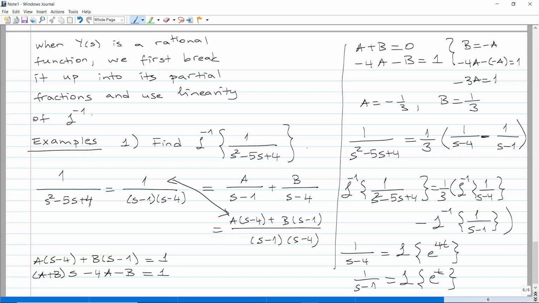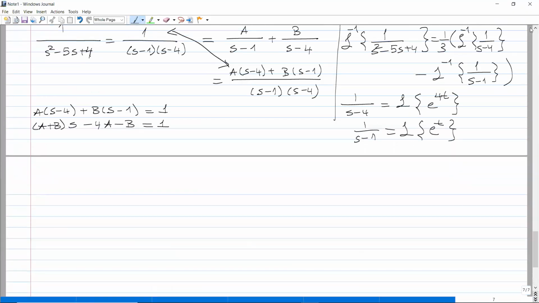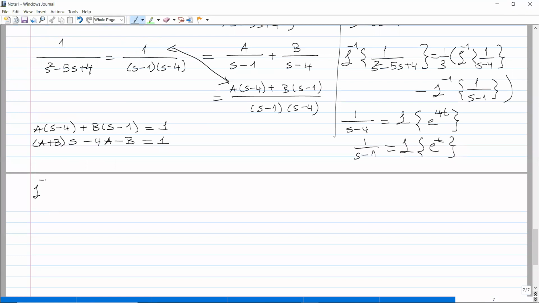That means the Laplace inverse of 1 over s minus 4 is e to the 4t, and the Laplace inverse of 1 over s minus 1 is e to the t.